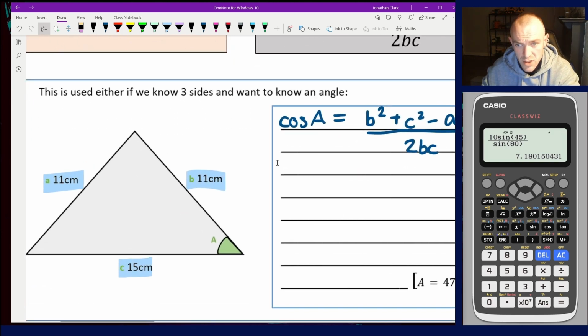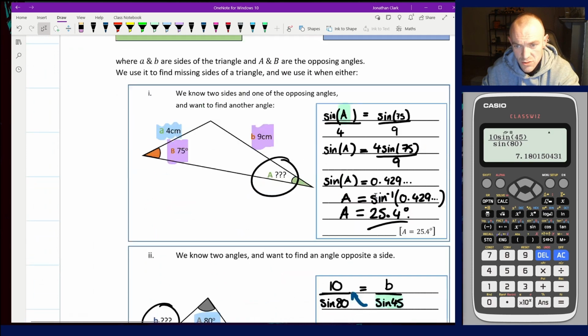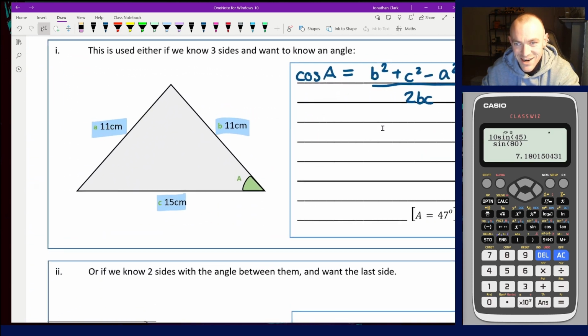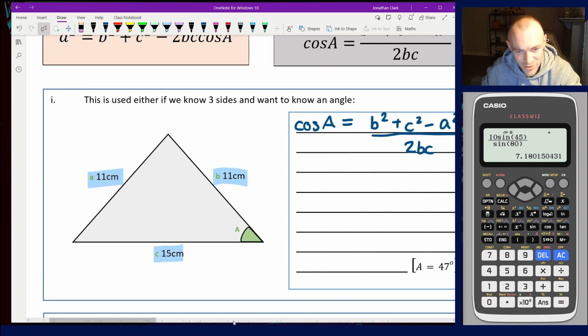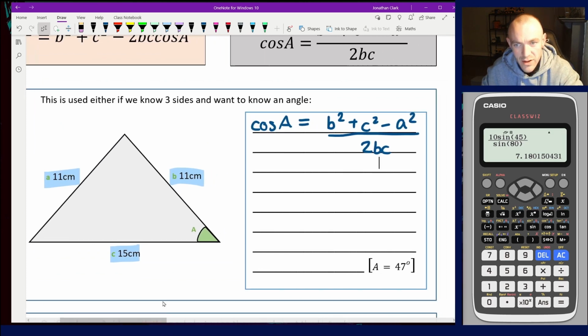So I'm going to start by replacing all the sides I know. So I'm told that the side A is 11 centimeters. So let's replace the A with an 11. And replace B also with 11. There's a B here and there's a B down there.